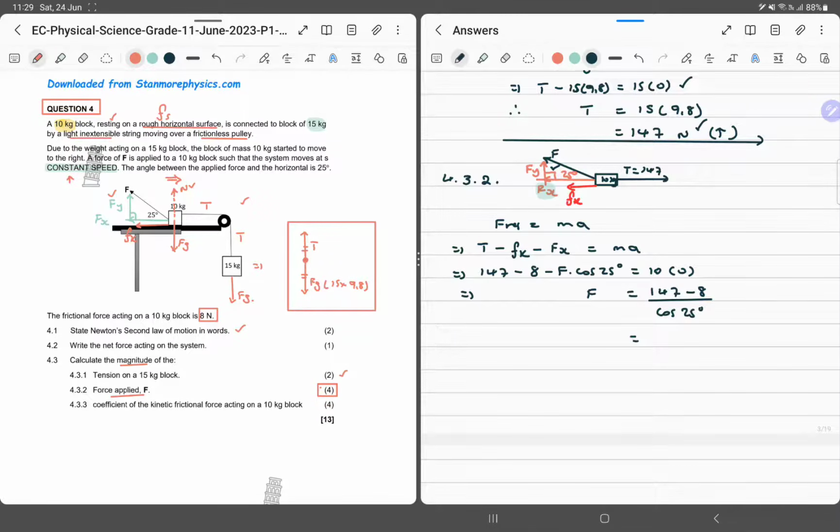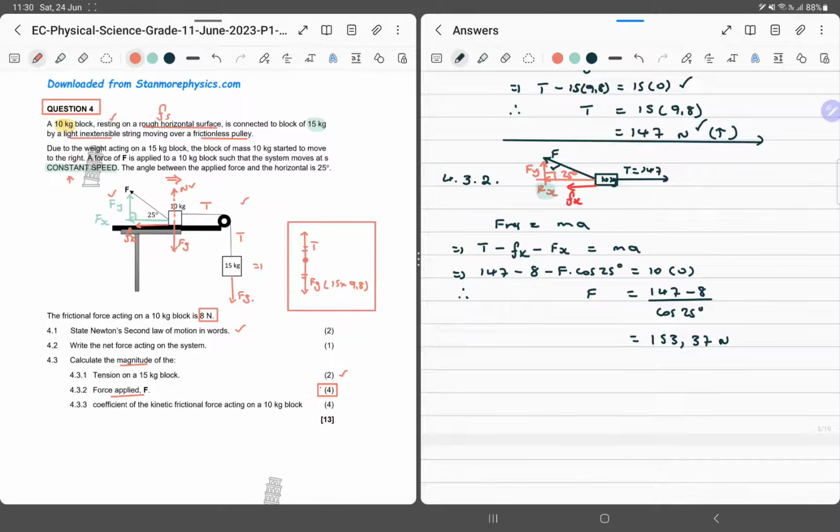These gymnastics, guys, are very important. I'm moving a bit quicker so that we can save a bit of time. Okay, so we've got 147 minus 8 divided by cos of 25 degrees. This gives us 153.37 newtons, to 2 decimal places.